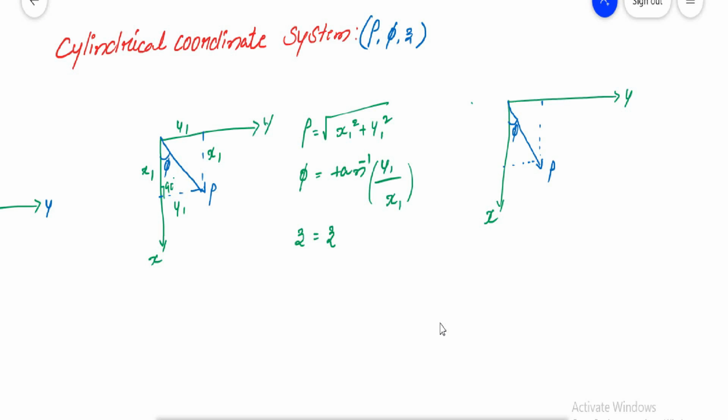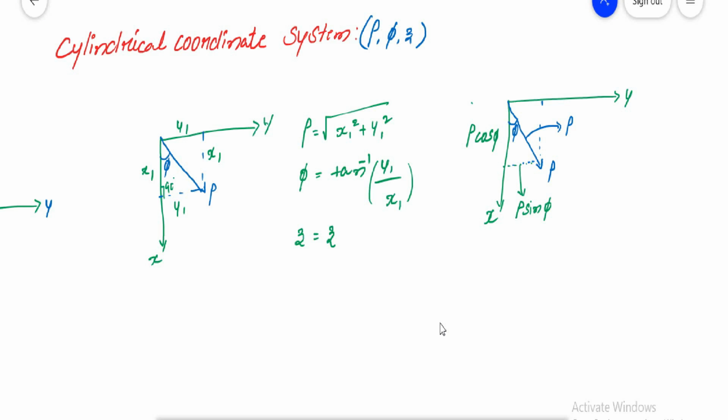If this is rho, this length is equal to rho into sin phi, and this length is equal to rho into cos phi.